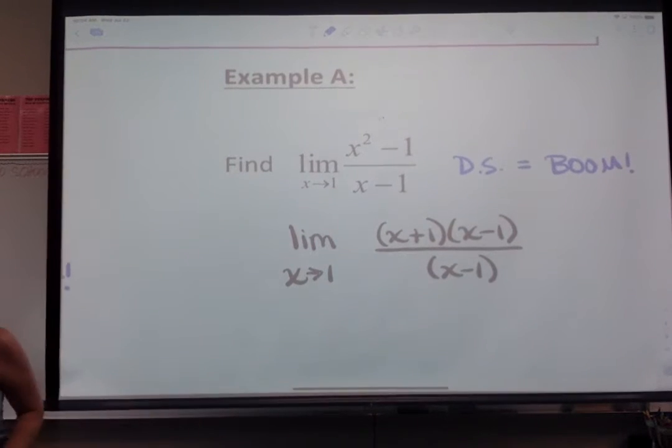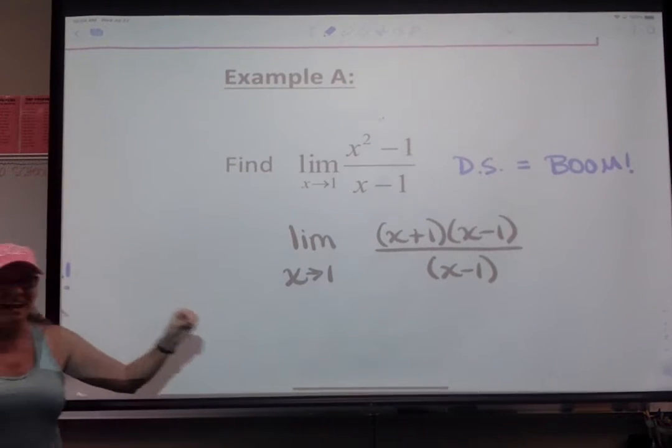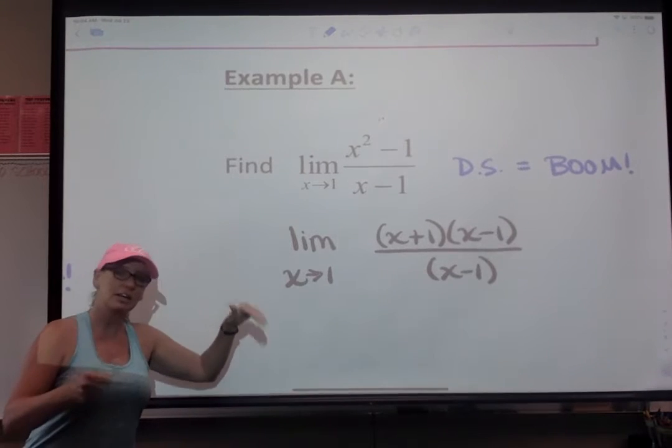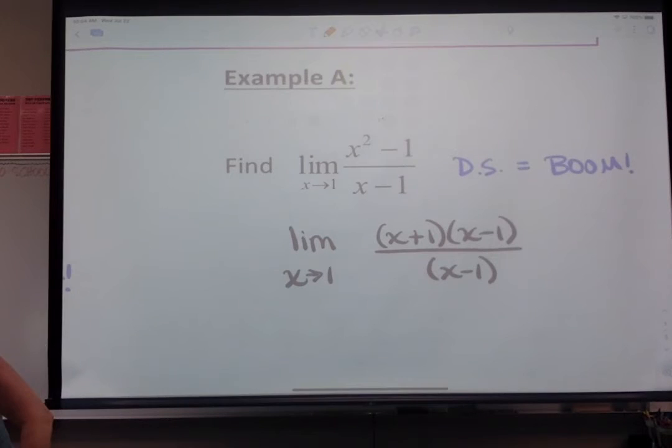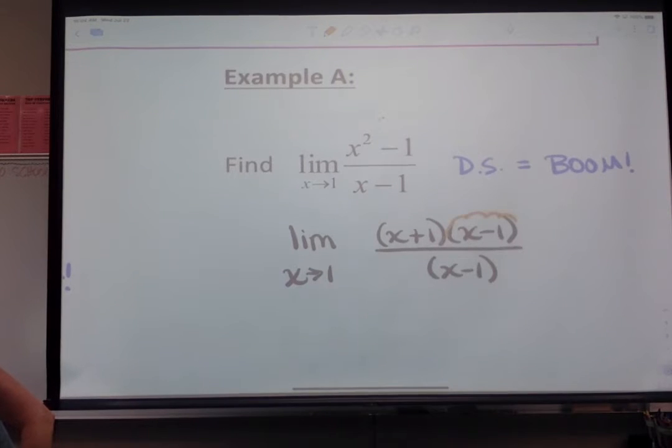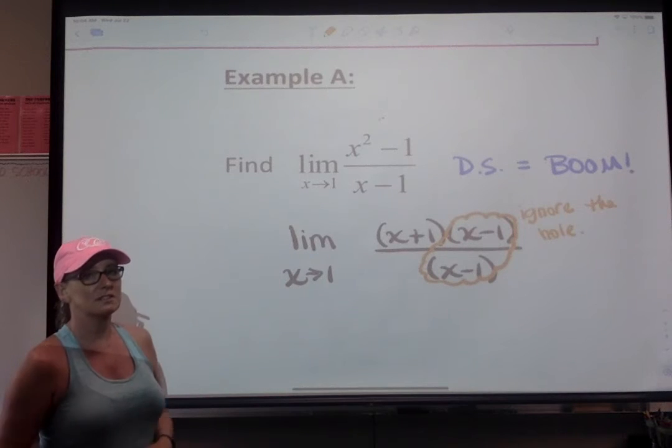So here's what I'm going to try to get you to say in your mind instead of canceling. I'm going to try to get you to think, ignore the hole that's in this function.